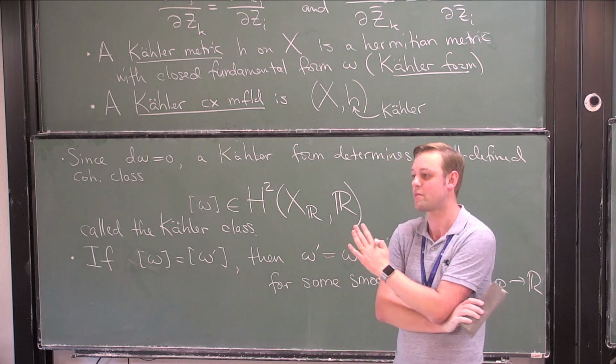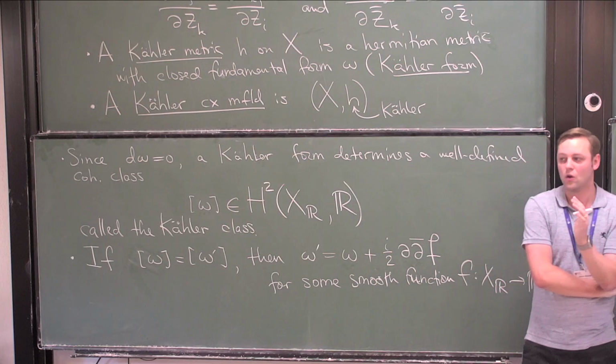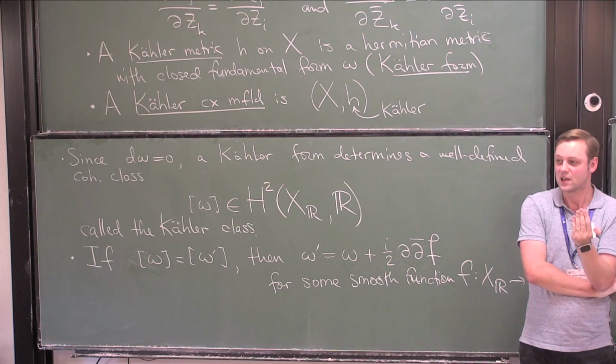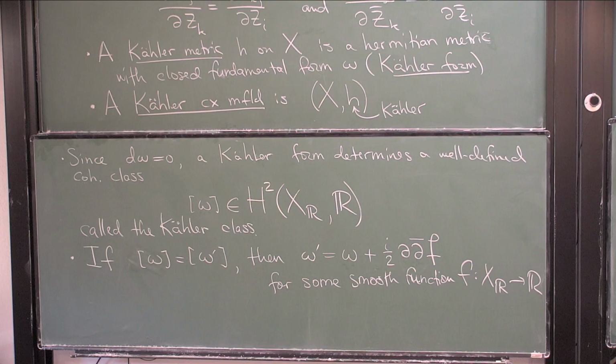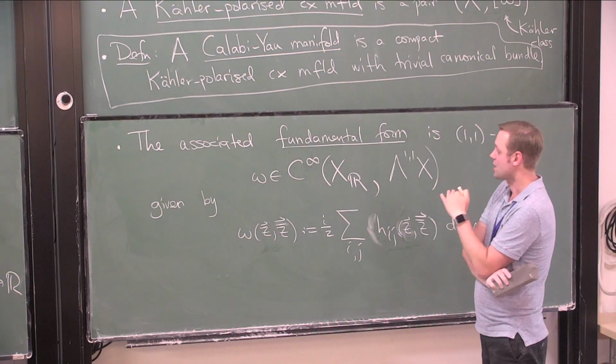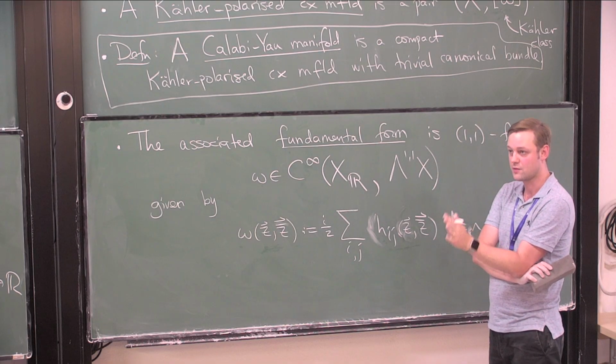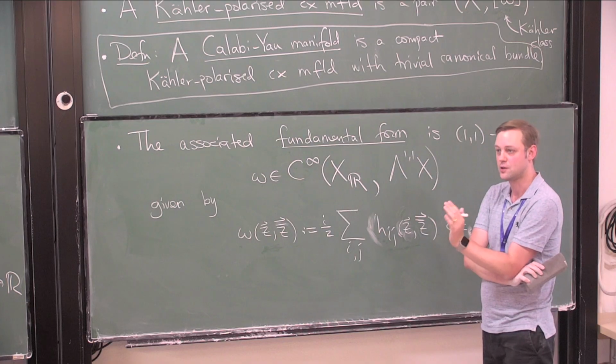So you need to solve the Monge-Ampère equation, which is some PDE. That PDE is equivalent to taking your 1-1 form, looking at the corresponding metric that your 1-1 form gives you, and checking that that metric is Hermitian.